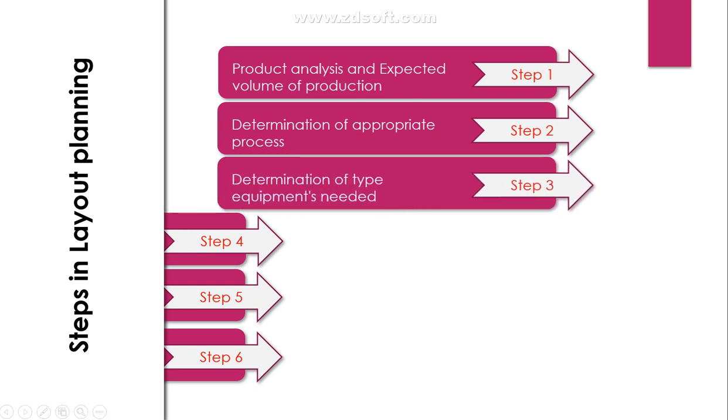The third step is to determine the type of equipment needed. Procuring the equipment lies on the decisions and policies of management. The decision on equipment depends on the policies on automation and the technology being adopted by the management.